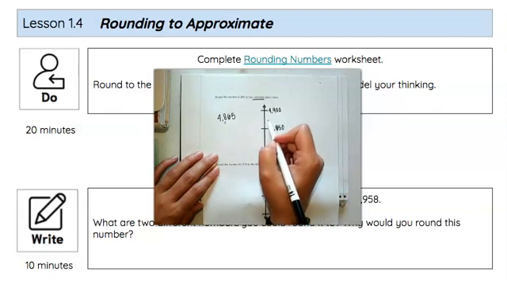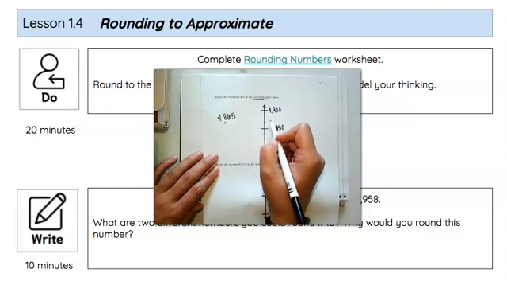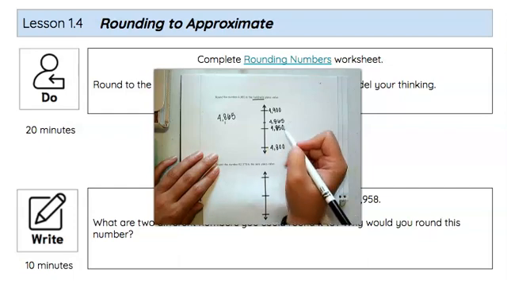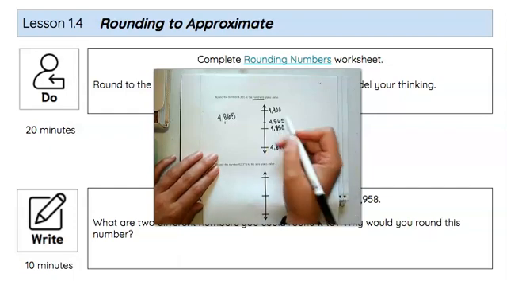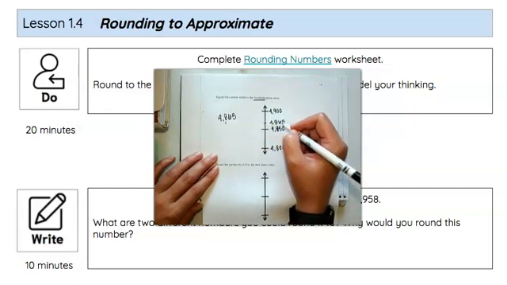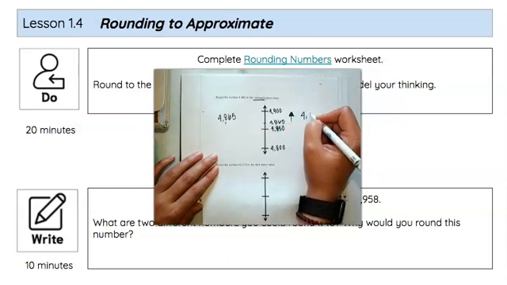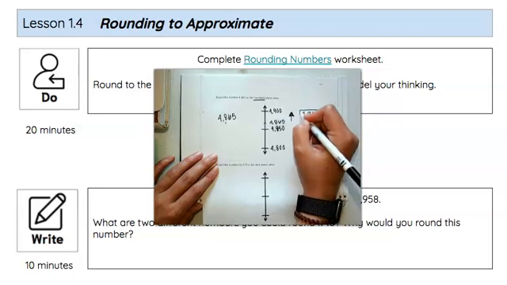Well, in this case, it falls right about here at 4,865 because it's greater than 850, but it's less than 900. Since it's in this top half, I would decide to round up to 4,900.